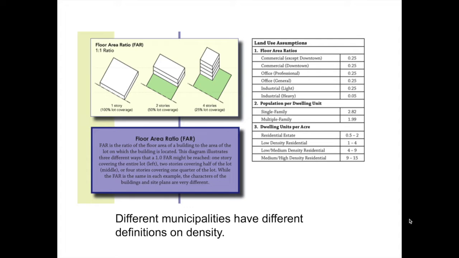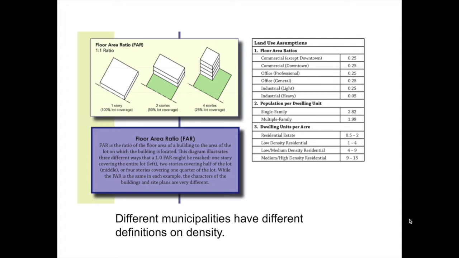But a two-story building on half of that lot would also be an FAR of 1 to 1. A four-story building on a quarter of a lot would also be an FAR of 1 to 1. So you can achieve an FAR of 1 to 1 with multiple ways in terms of how tall the building is and how much lot coverage it is.